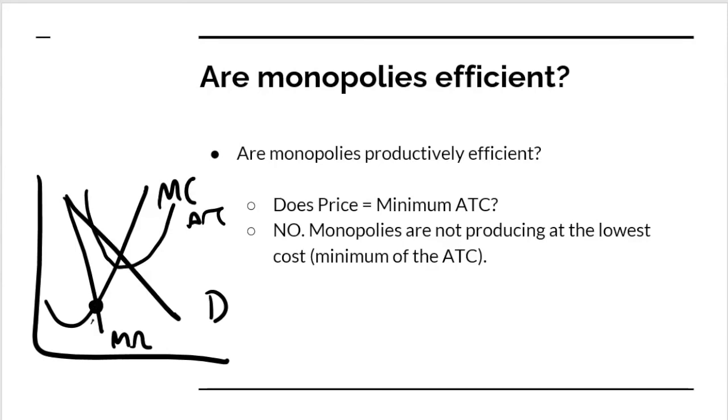We are producing right here, and then ATC is right there. The minimum of the ATC is where it intersects with marginal cost, and we know we're not producing there. So monopolies are not producing at the lowest possible cost, which is the minimum of the ATC. Because of that, monopolies are not productively efficient.